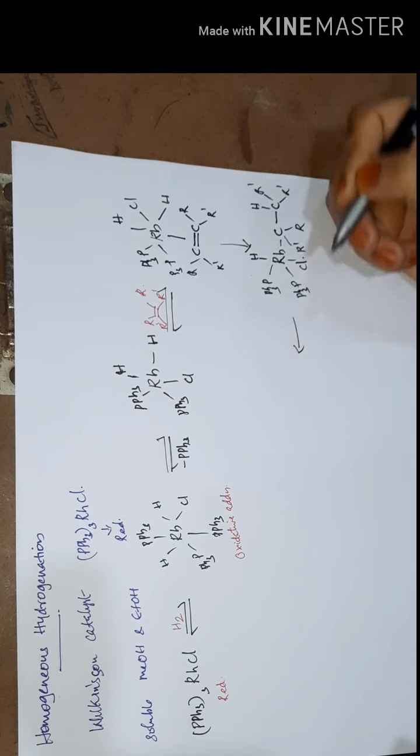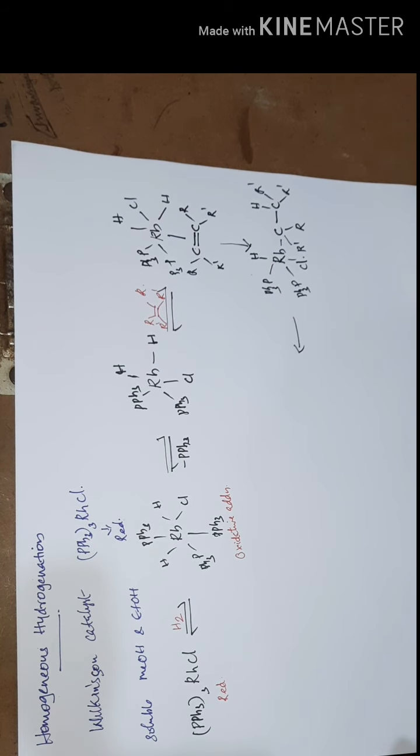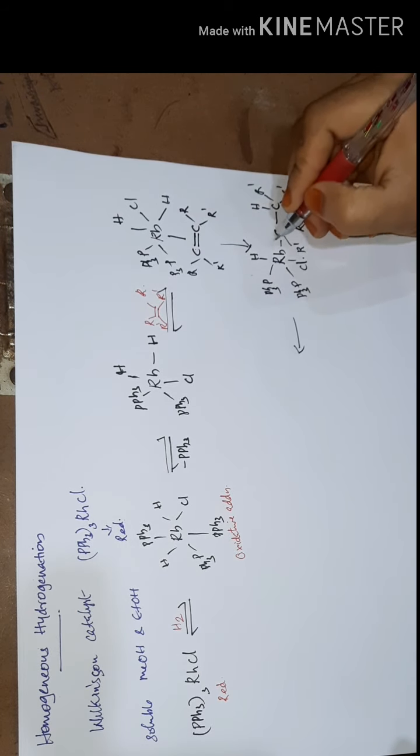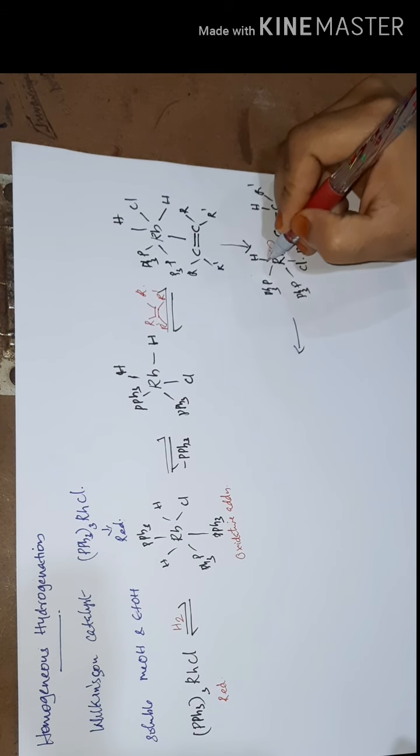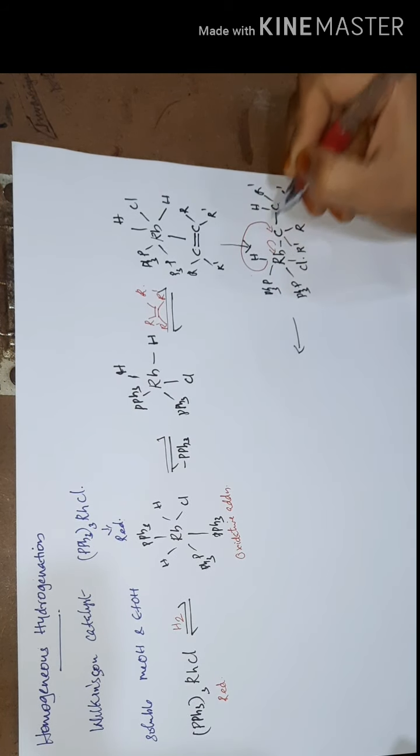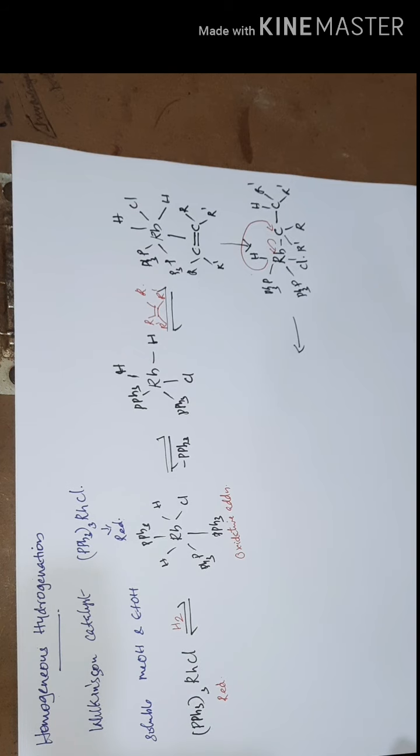During the reductive elimination process, the bond between rhodium and carbon is shifted to the rhodium atom, and it results in the transfer of hydrogen to this carbon atom. Thus, as we have already said, reductive elimination is taking place in this step.